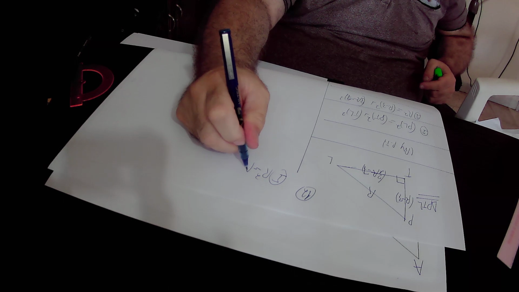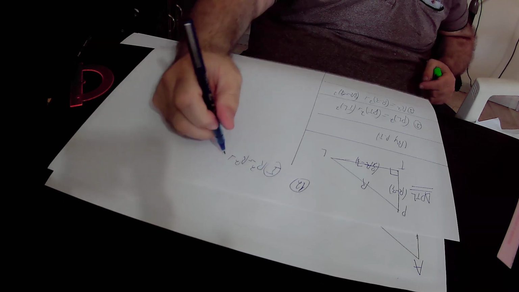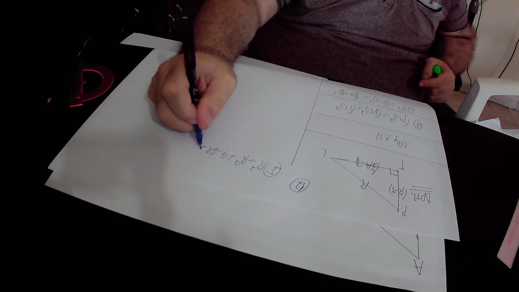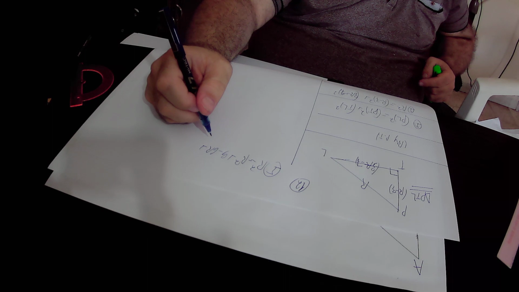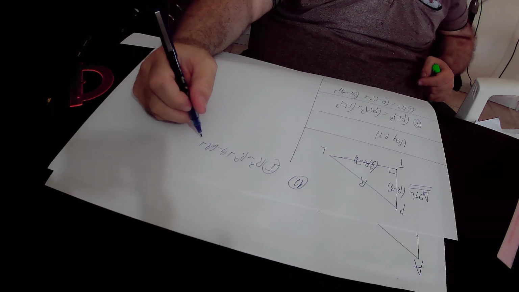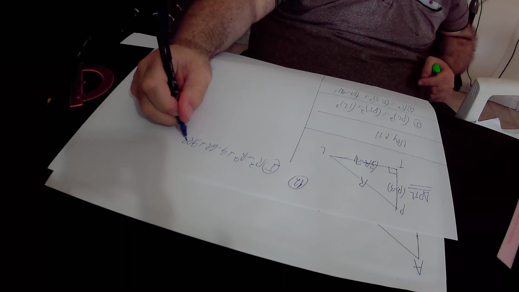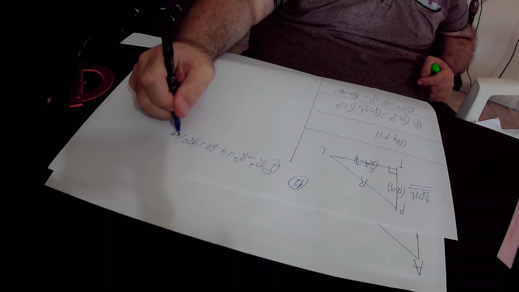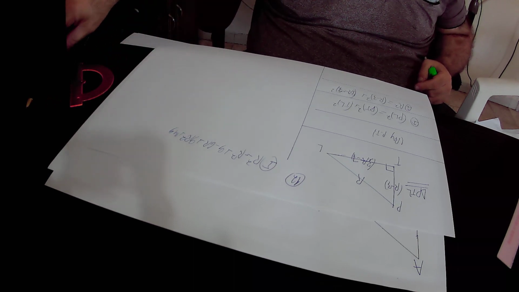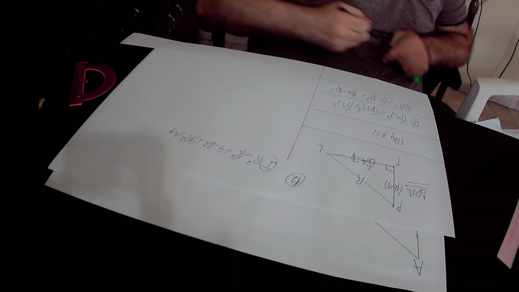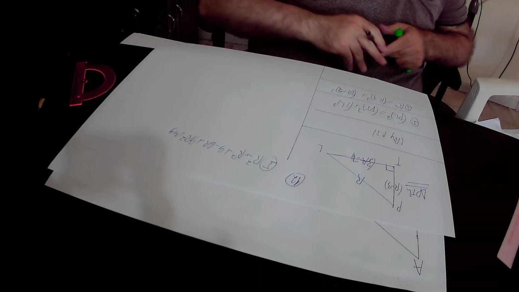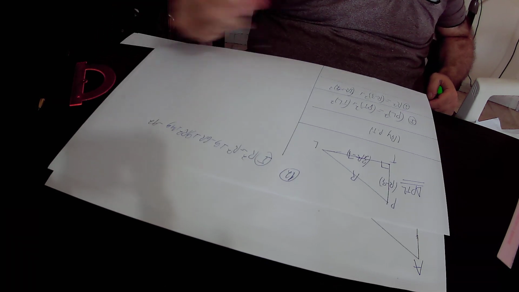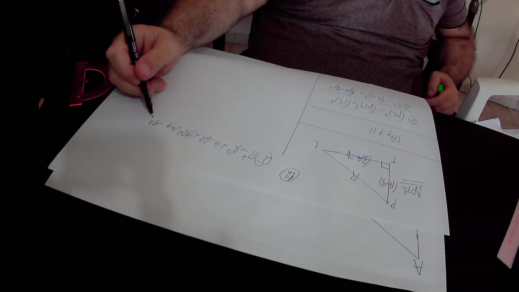(R minus 3) square equals R square plus 3 square, that is 9, minus 2 times R times 3, that is minus 6R. (3R minus 7) square equals (3R) square, that is 9R square, plus 7 square, that is 49, minus 2 times 3 is 6, and 6 times 7 is 42. So in total, the expression will be equal to minus 42R.